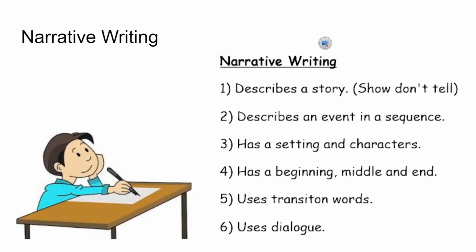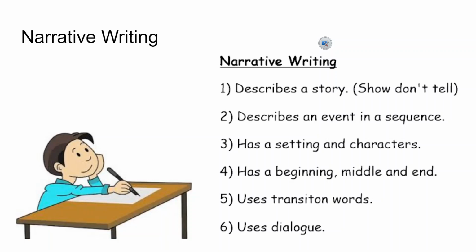A narrative piece of writing has setting and it has characters. So the setting, you're going to describe for me where you're at, what you see, what you feel, what you maybe taste. So it's using some of those five senses. It's going to have characters.